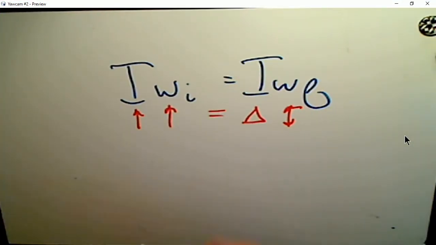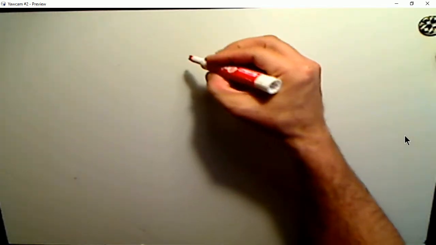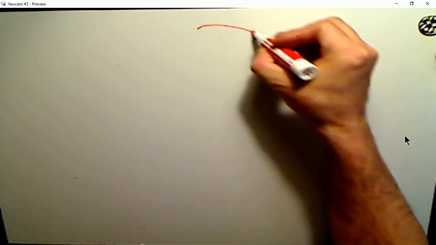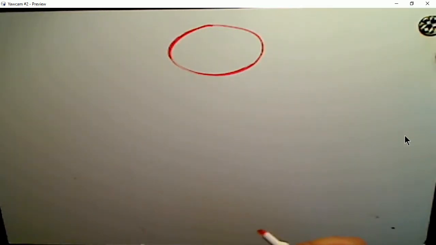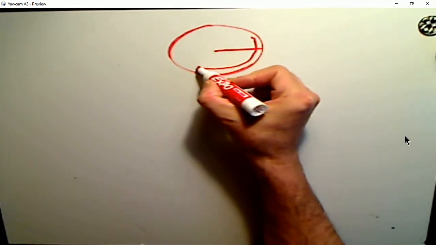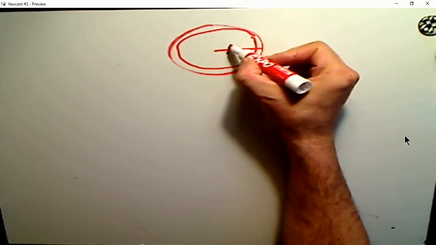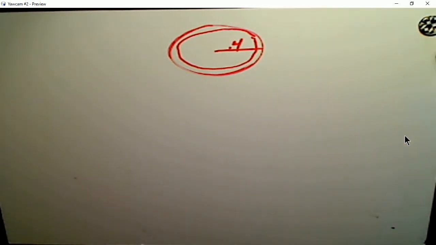Okay. I'm going to start with a sphere. Let's start with a sphere. It actually has two levels to it, but all the way to the outside is 0.4 in radius from the center.